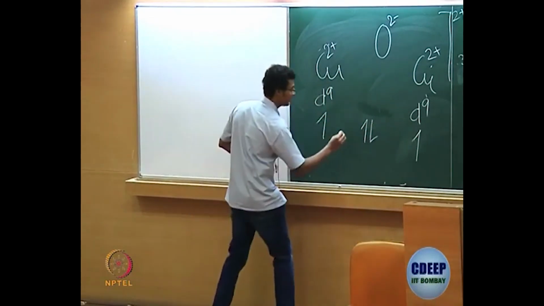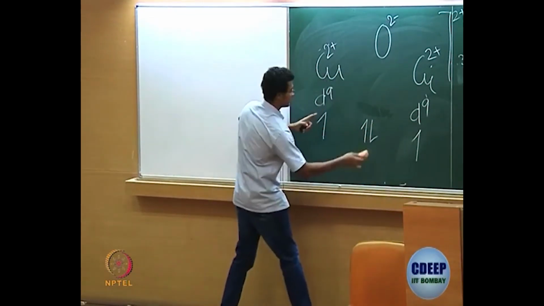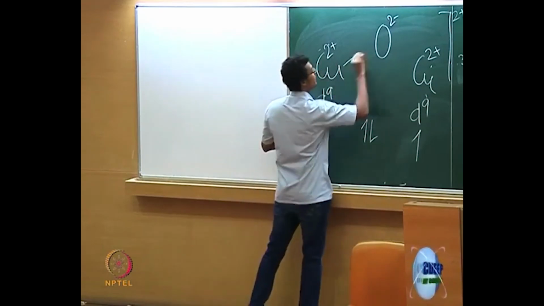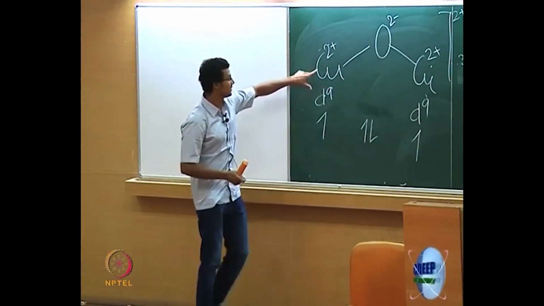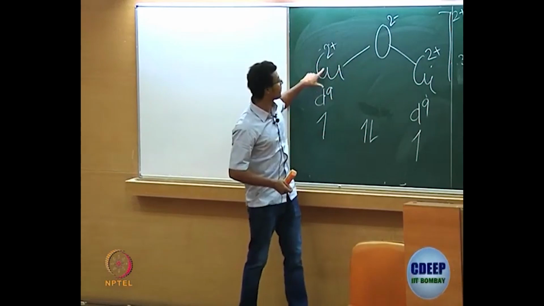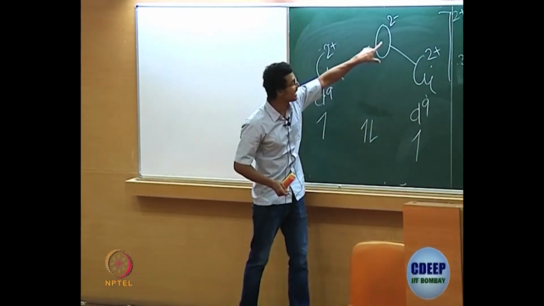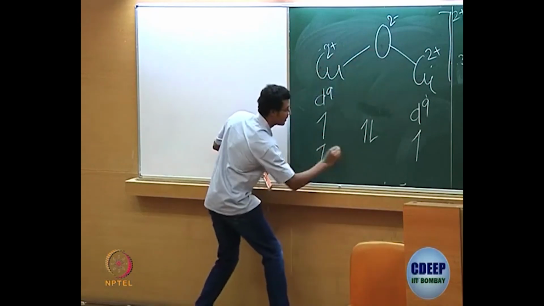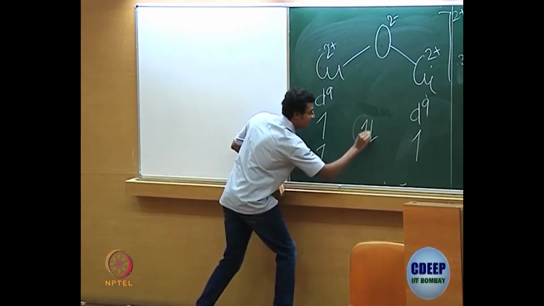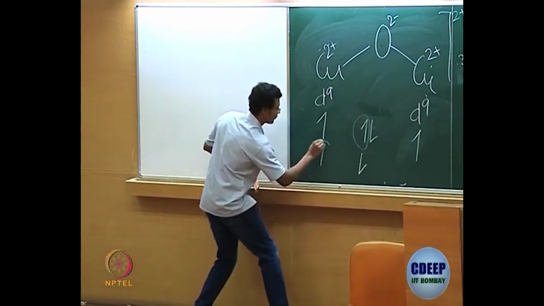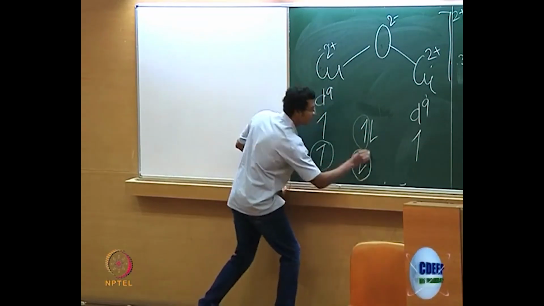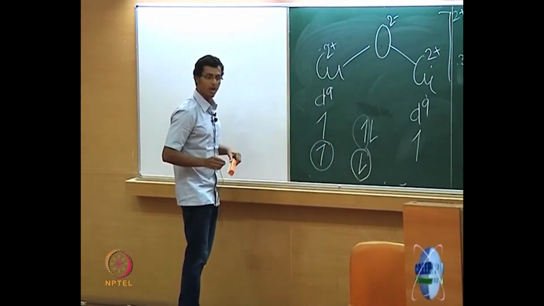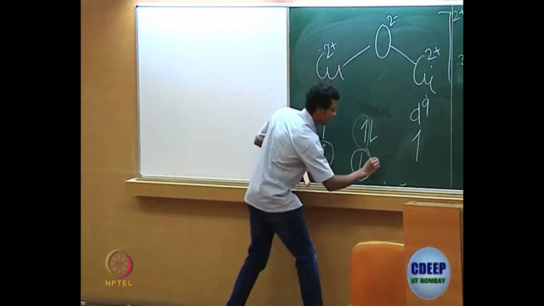What it is making, essentially, since this is a coupled species, this copper is bonded with oxide, and this oxide is also bonded with that copper, this will enforce this up spin to go down. So this is the copper spin, this is your oxide spin.